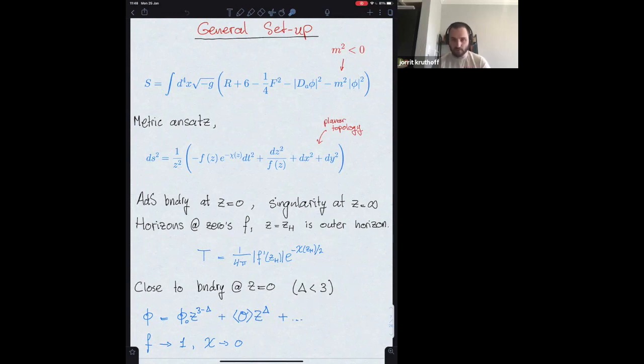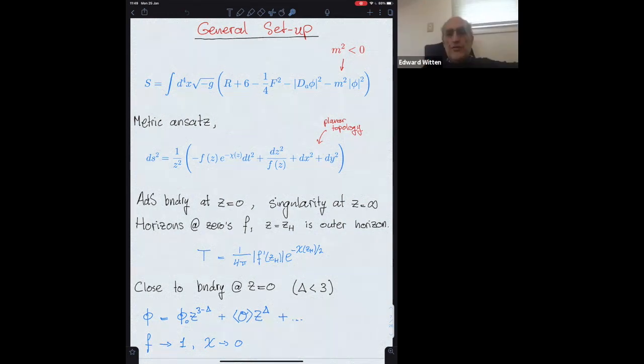And in fact, most of my talk will be focusing on Delta equal 2, just for numerical purposes, because then the falloff is still an integer power near the boundary. Close to the boundary also, this function f, let me turn this off.